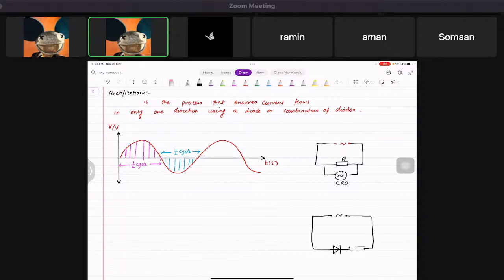By doing so, if we put a CRO, the CRO would show us something like this.